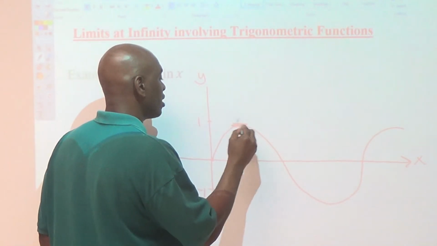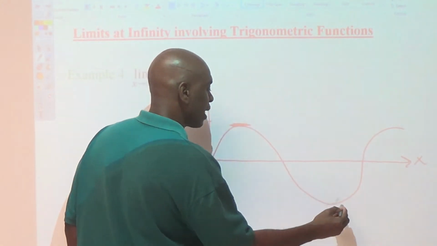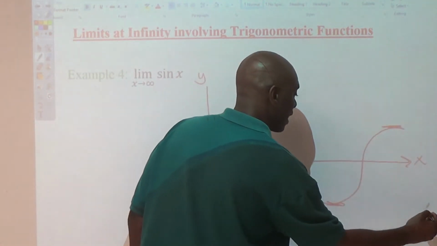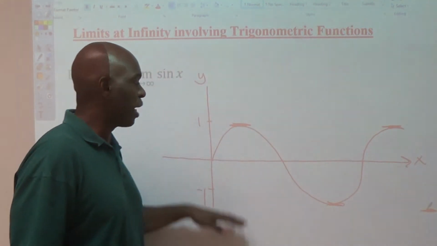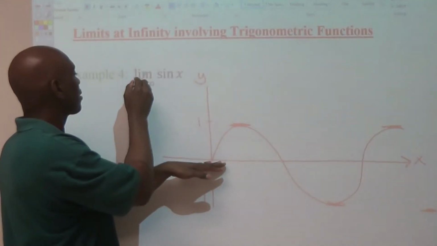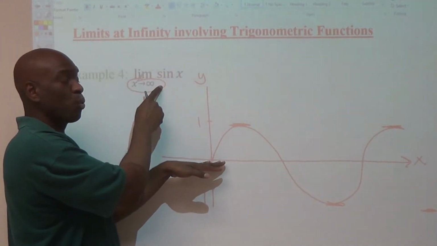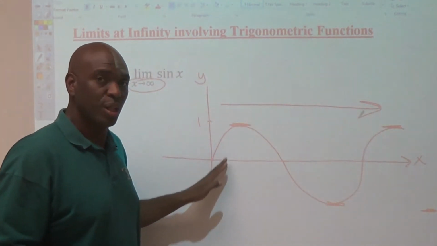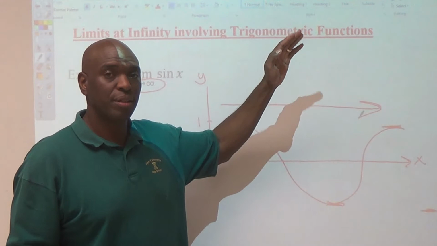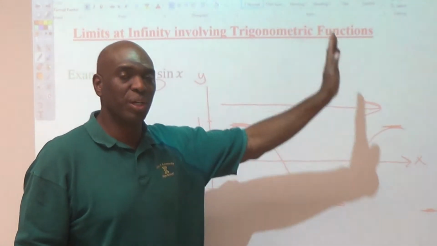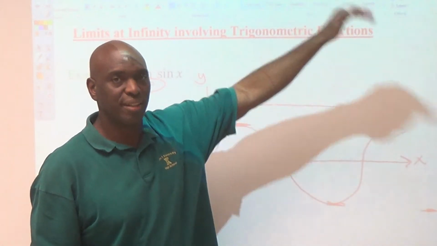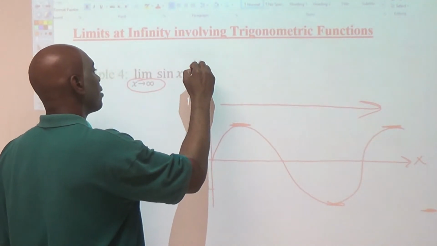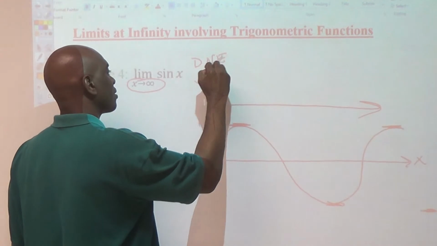It goes up as high as 1, down as low as -1, then back up to 1, then back down to -1. So as x travels toward positive infinity, the wave goes 1, negative 1, 1, negative 1. So this limit does not exist.